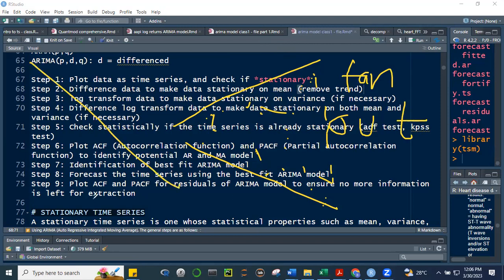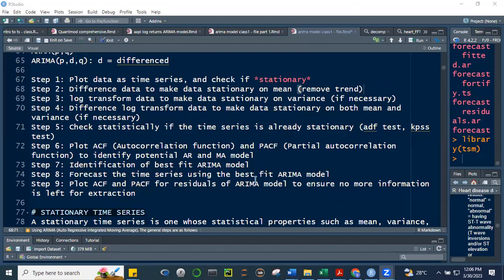Or it can be, pag ganyan, fanning in. So yung variance natin becomes smaller over time. Okay. So let me just clear all drawings.